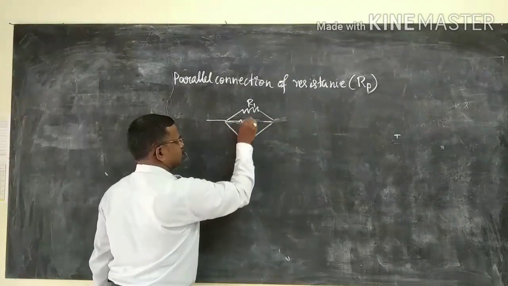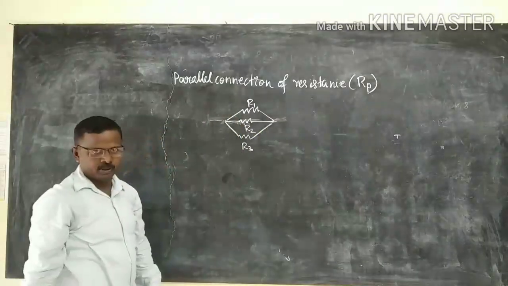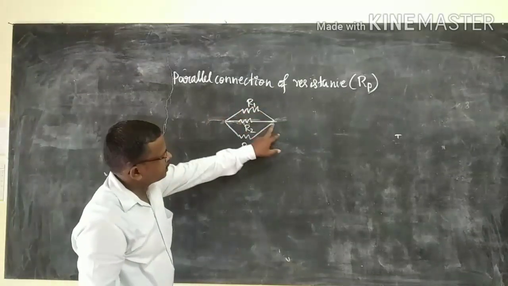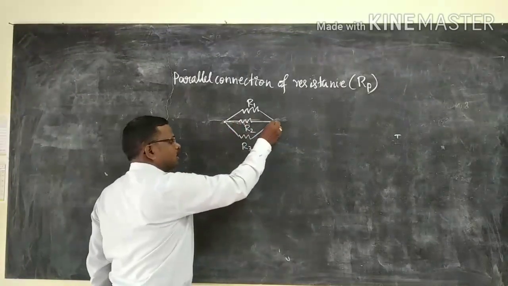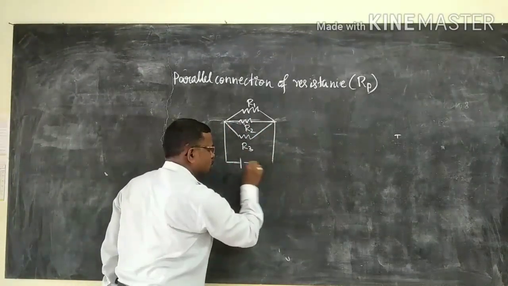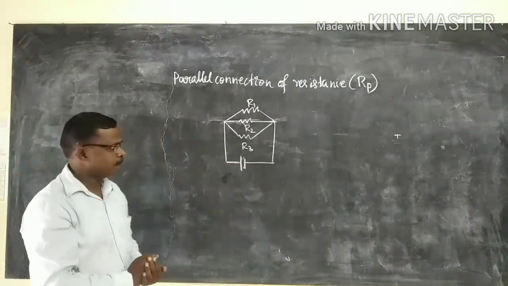These three resistors are tied at one end, and the other three ends are tied to another point. These two knots are there. Now it is connected to the terminals of the battery.